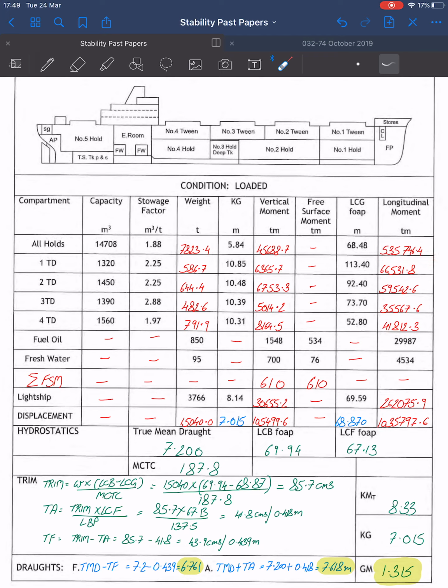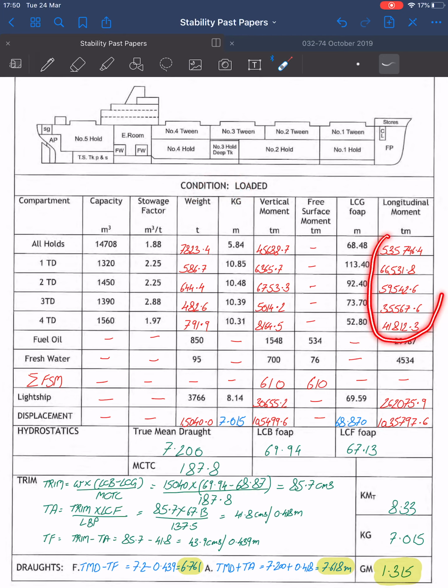Same way we have done it for number 1 twin deck, number 2 twin deck, number 3 twin deck, number 4 twin deck. All these data, weight, have been calculated by capacity divided by stowage factor. And all the vertical moments have been calculated by multiplying weight times KG.